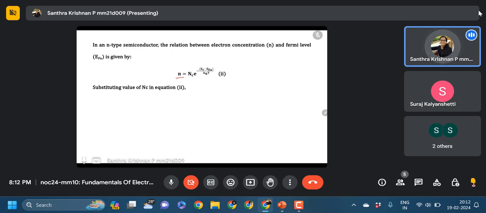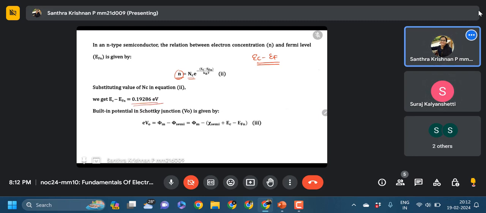The value of n is given, and NC you have solved, so you get EC minus EFN. Once you have EC minus EFN, you get something like 0.19286. So the built-in potential, now you can substitute. Rest everything you have already found. This entire thing is 0.19286.